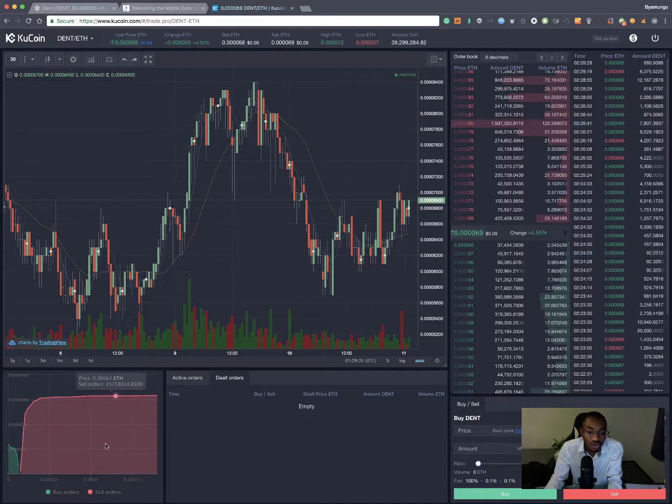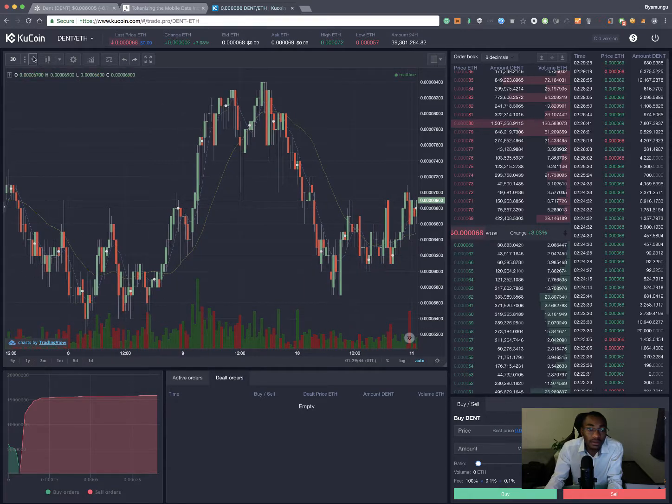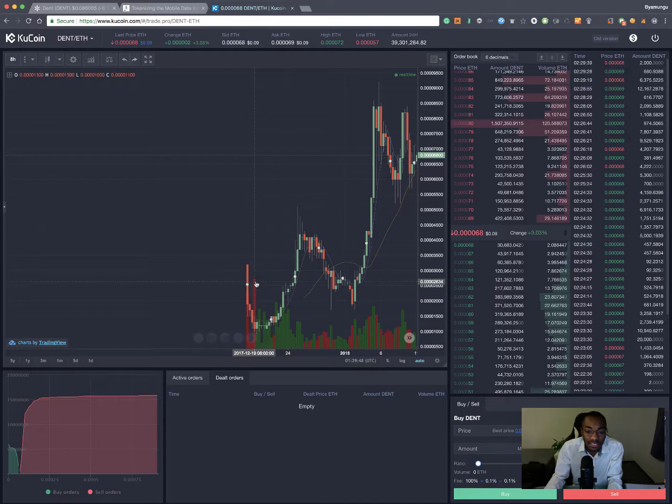This chart here shows you the buy, and the sell is a lot more. And since this cryptocurrency was only released, let me change this to 8 hours, was released on the 19th, maybe they're trying to sell as many tokens as possible, and you don't have a lot of buyers, so the price will probably go up because they have to sell the cryptocurrency.